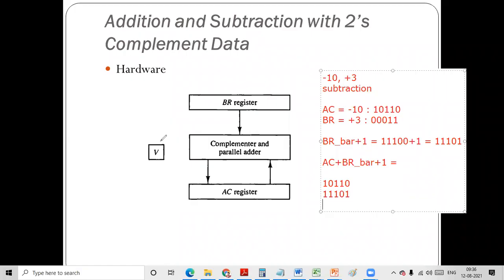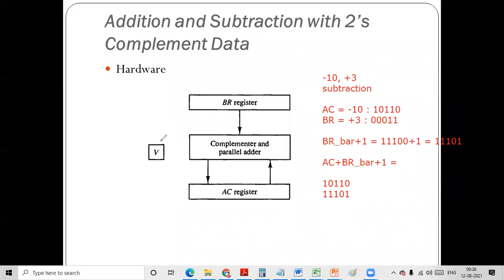These two need to be added. While performing 2's complement addition, whatever extra carry bit comes out will be neglected. Anyway, it is stored in the V bit.